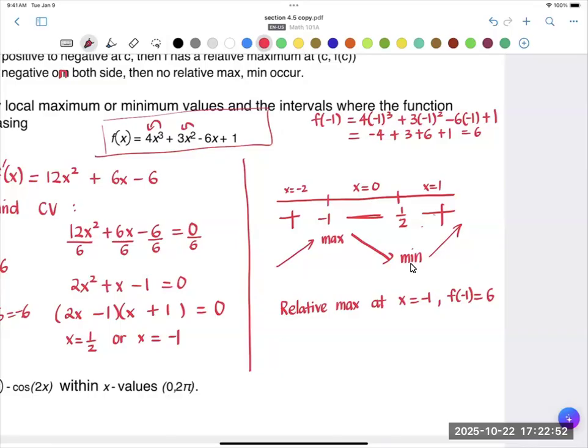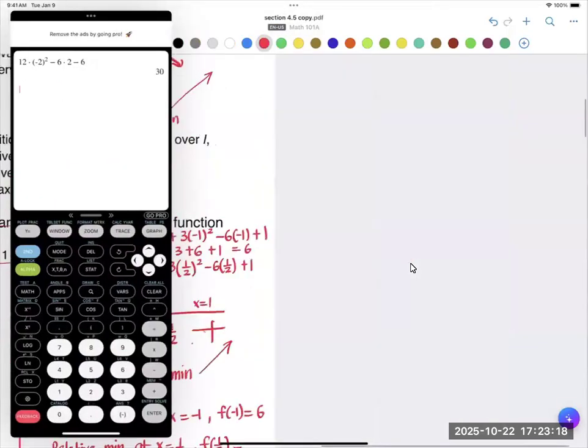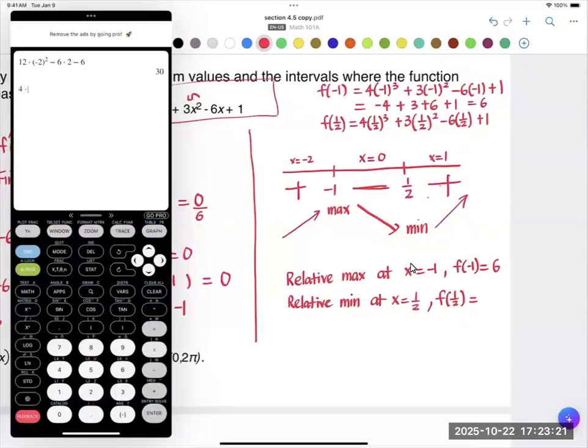So now how about the minimum? Relative min at x equals 1/2, and y is going to be f of 1/2. What is f of 1/2 in this case? I'm not going to use mental math anymore. I'm going to put it in my calculator to evaluate that. So we have 4 times 1/2 to the power 3 plus 3 times 1/2 to the power 2 minus 6 times 1/2 and then plus 1.